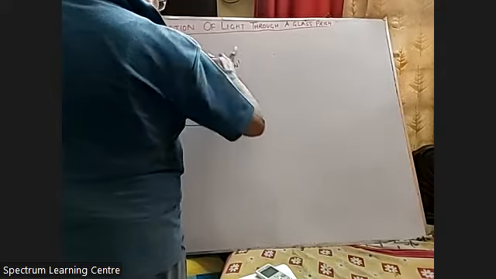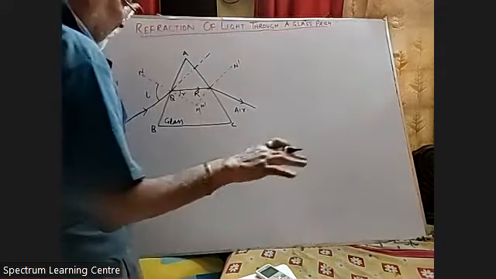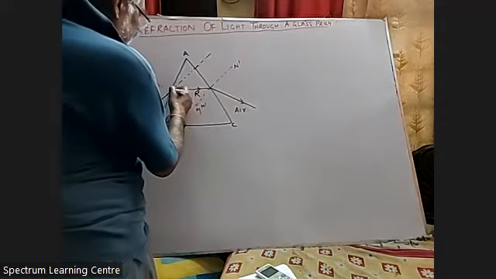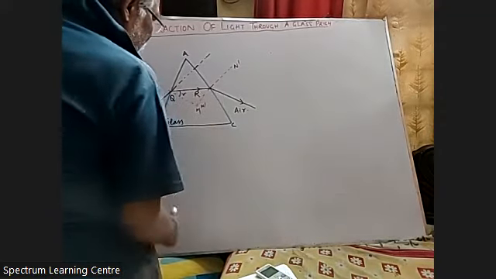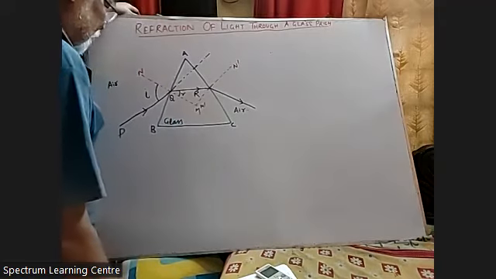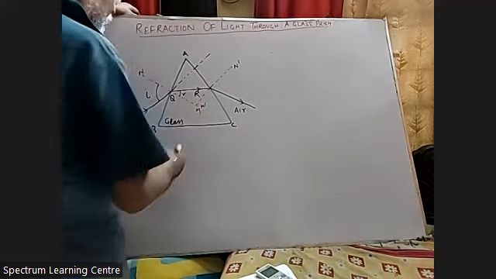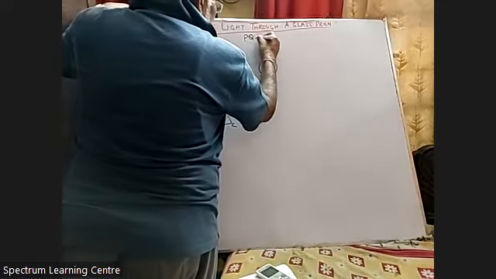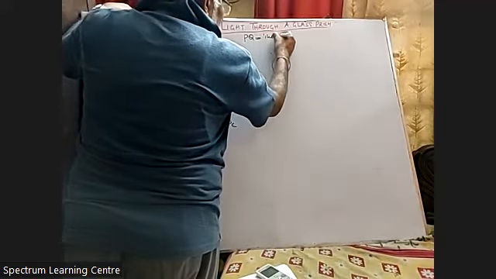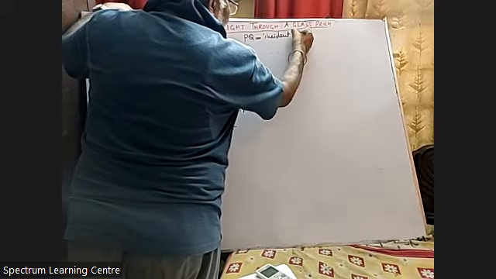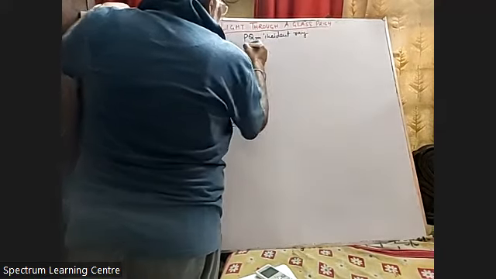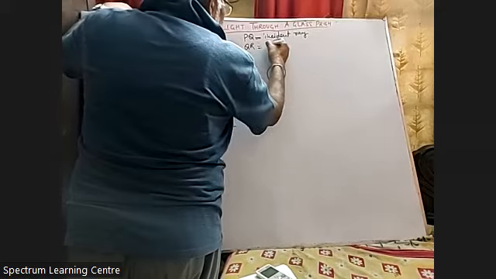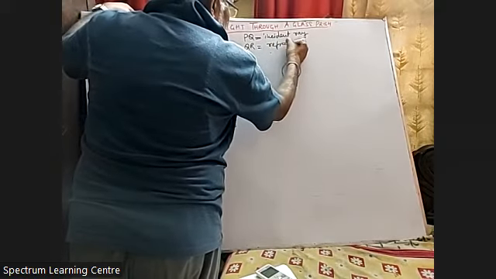But since the prism is there, the light ray will bend. So PQ is the incident ray. QR is the refracted ray.